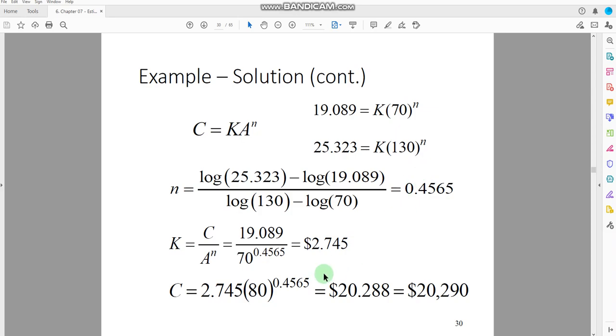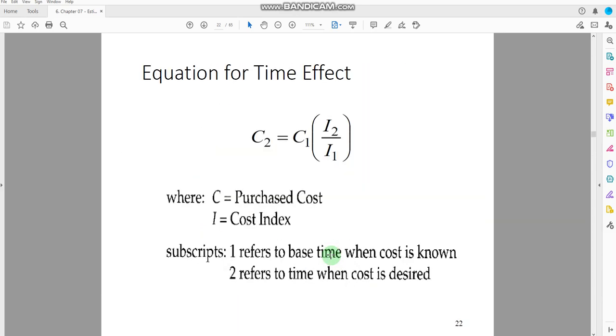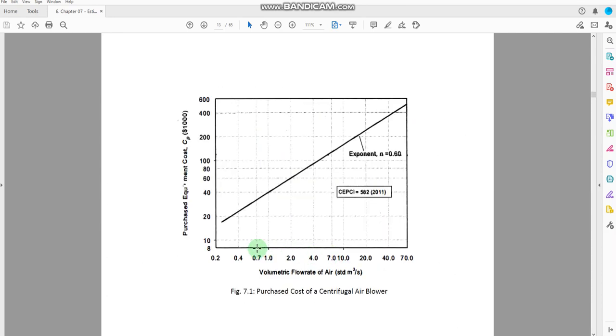Now how can you get the value for N? Let us go back to some of the charts here, for example if we are using some kind of this chart. How are we getting this chart? On the left hand side we are provided with the value for the cost in terms of log, and on the bottom we have the value for the volumetric flow rate in the form of log. So how would you get this line?